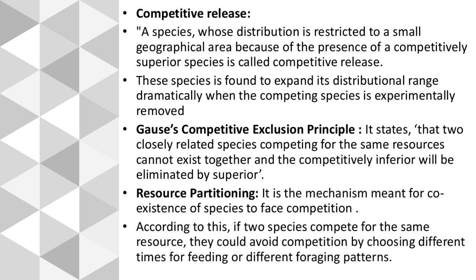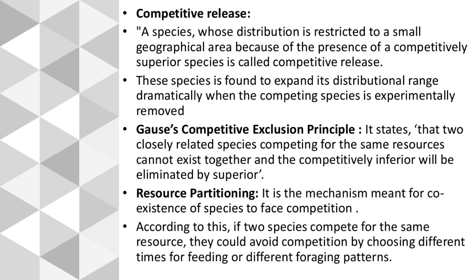Gause's competitive exclusion principle states that two closely related species competing for the same resources cannot exist together, and the competitively inferior will be eliminated by the superior. Resource partitioning is the mechanism for coexistence of species facing competition.